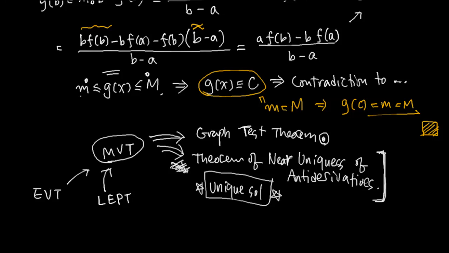In that whole discussion, sitting behind it is the mean value theorem, rooted in the chain of mathematical reasoning. The extreme value theorem and the local extremum point theorem are behind it. Thanks.